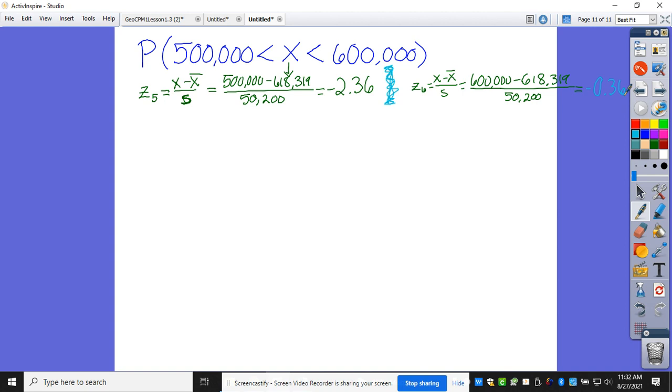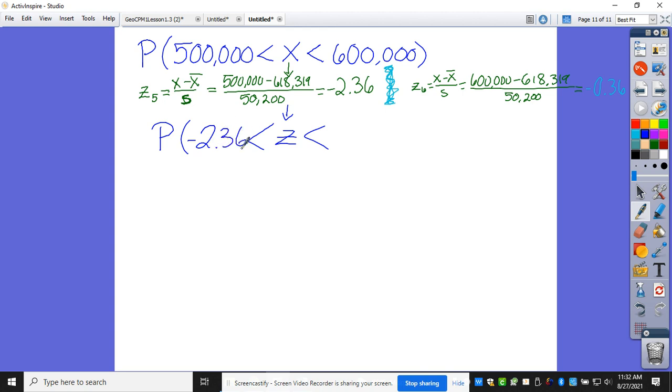So what's my next step on my paper? Rewrite it in terms of z. So now instead of x, I'm switching that to z. I leave my inequality symbols the exact same way. Now I converted this x to a z, which is negative 2.36.